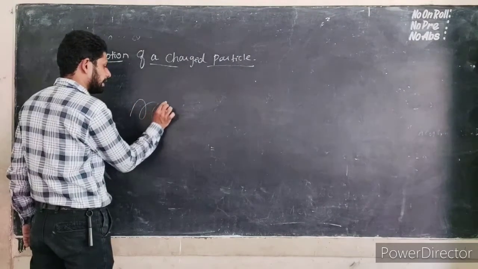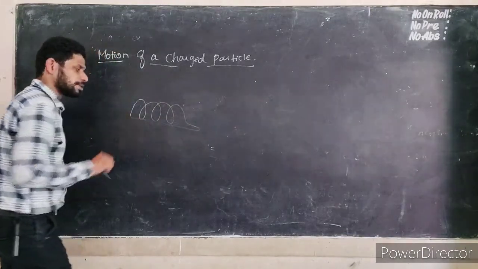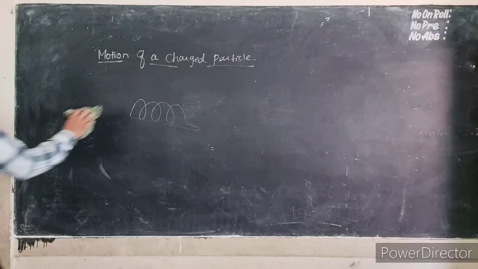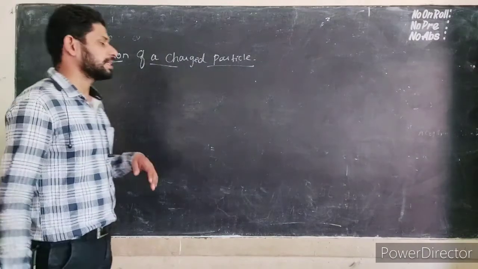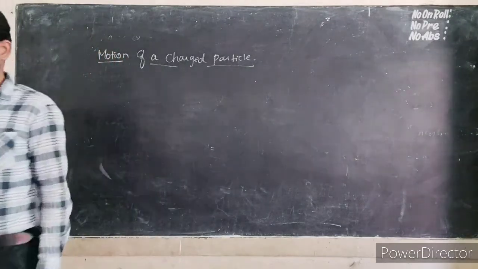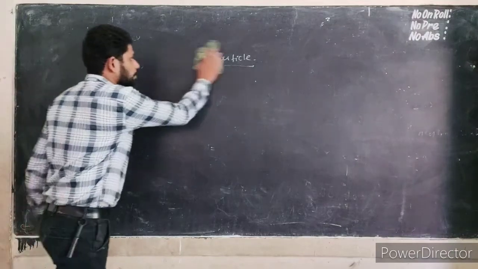So it gives a rotation in helical form. Here also, the radius of the path is directly proportional to the velocity. Whenever the velocity increases, the radius also increases. This works as the principle of the cyclotron.